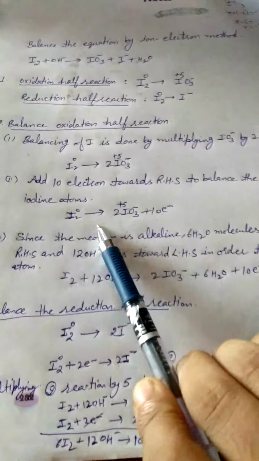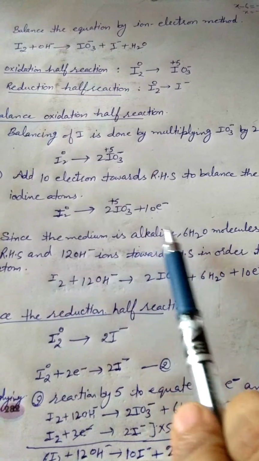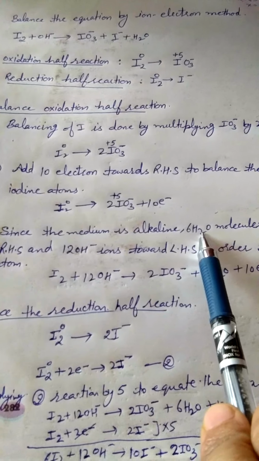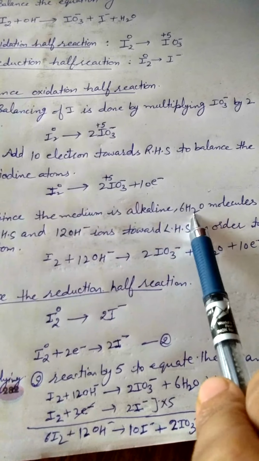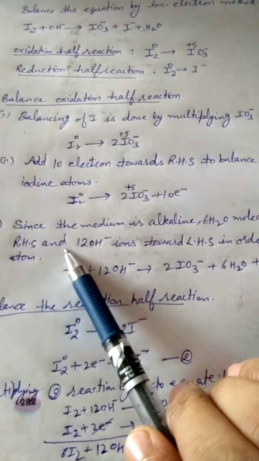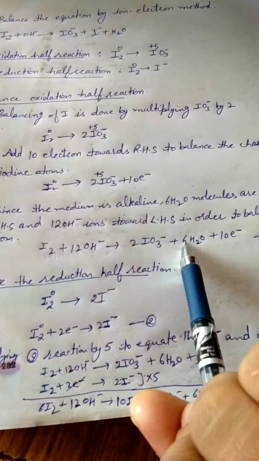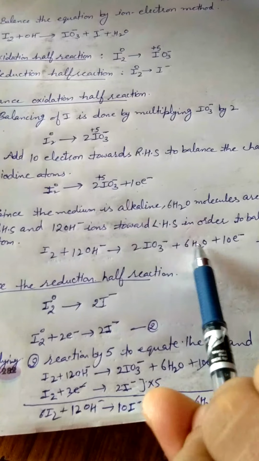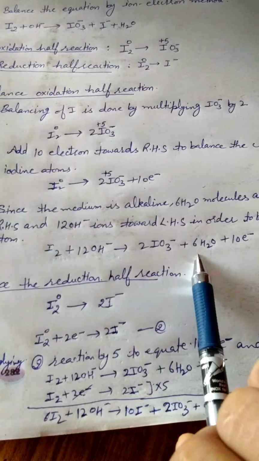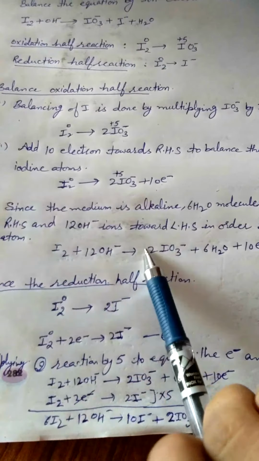You see that here there are 6 oxygens. To balance these 6 oxygens, we add 6 water molecules on the right hand side, and it means 12 hydroxyl ions are added on the left hand side to balance this equation. In this way we balance the oxidation half reaction.